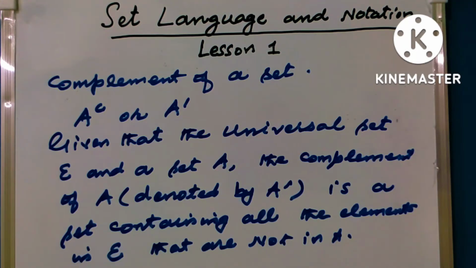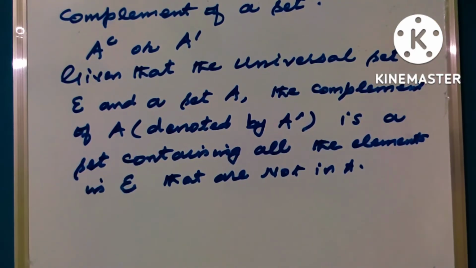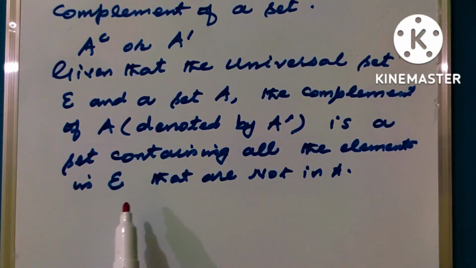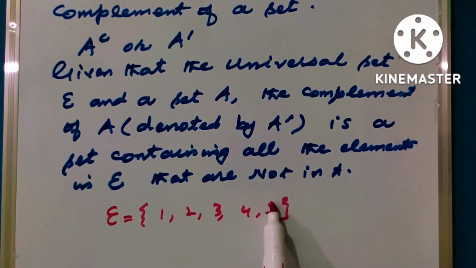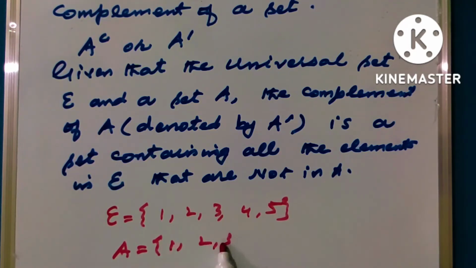So let us take one example of complement. Let we have a universal set 1, 2, 3, 4, 5 and set A 1, 2, 3. Students, you have to keep in mind one thing, that universal set is a mega set, and all the sets just like A, B or C, they must be subsets of universal set.